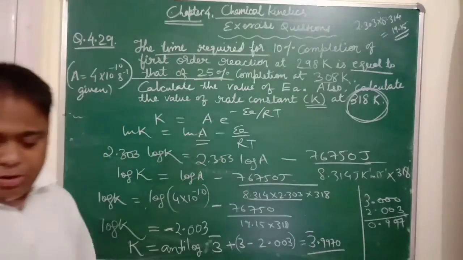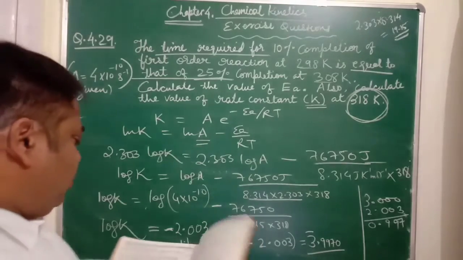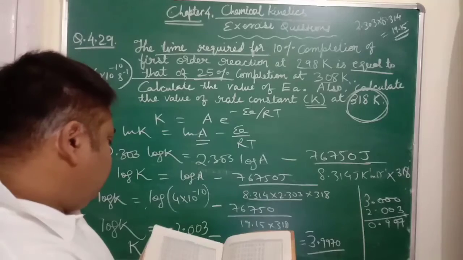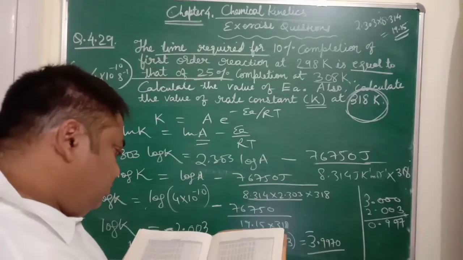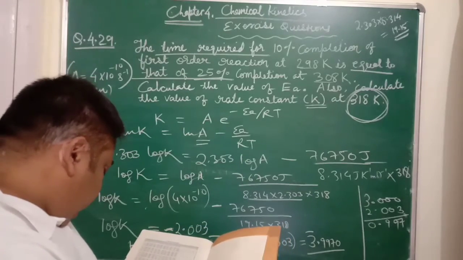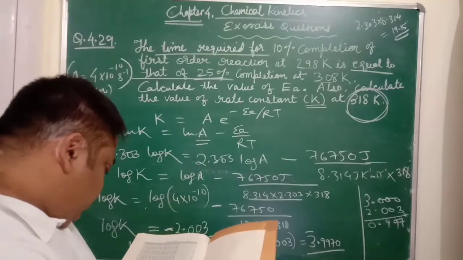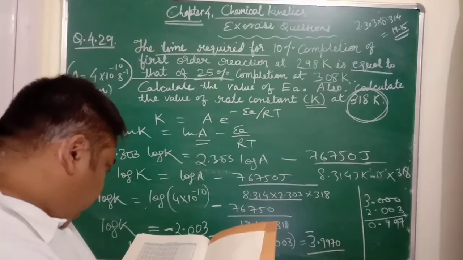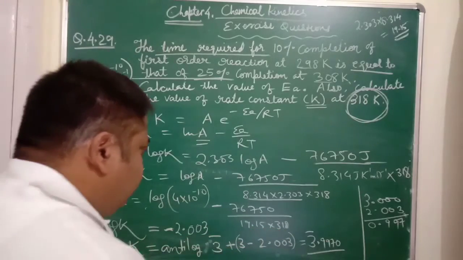So we'll see the antilog of 0.9970. I have to refer to the log table again. 0.99 under 7 is 9931.